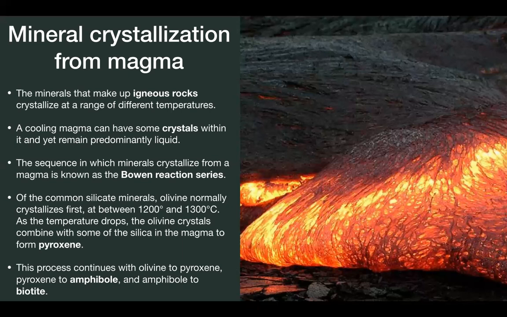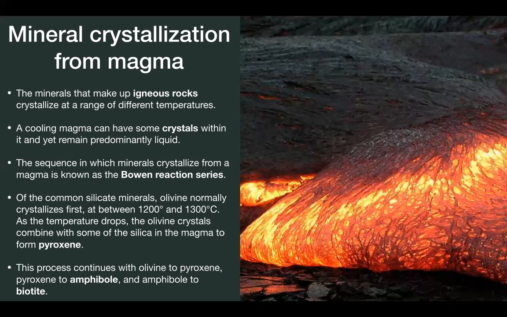The minerals that make up igneous rocks crystallize at a range of different temperatures. A cooling magma can have some crystals within it and yet remain predominantly liquid. The sequence in which minerals crystallize from a magma is known as the Bowen reaction series.